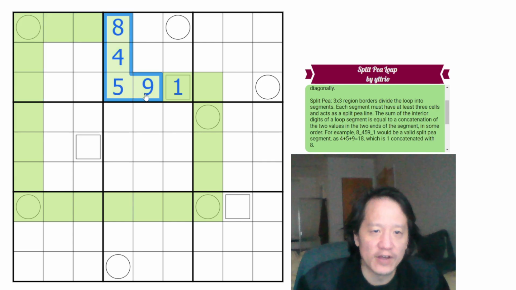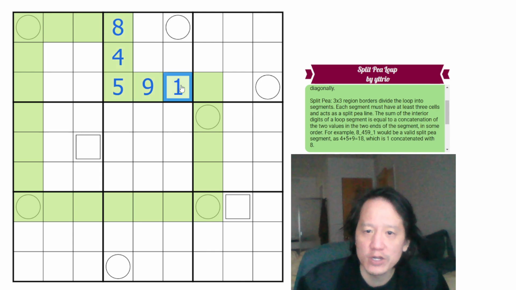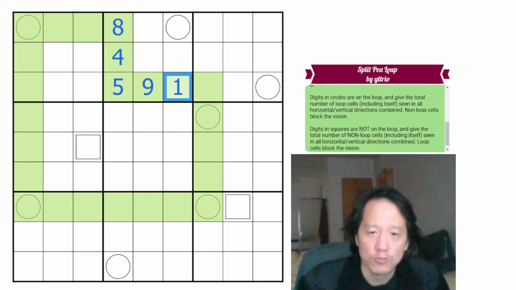So this would be a valid example because 4, 5, and 9, the interior portion of the split P line, adds up to 18, which is the concatenation of 1 and 8, or 8 and 1. And that is the split P part of the rule set.